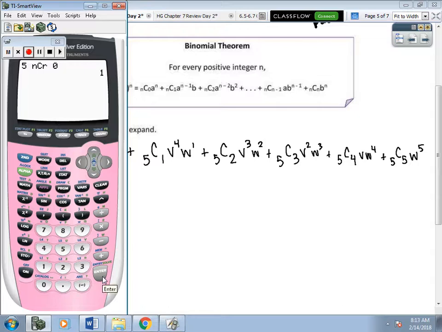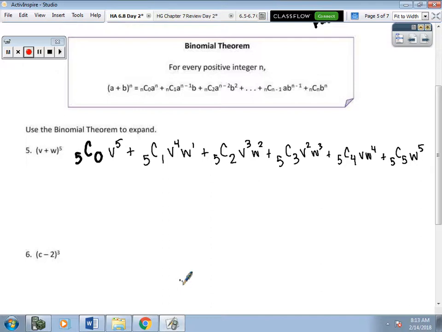We will get 1, 5, 10, and then we know it'll go 5, 1. So again, Pascal's triangle, the same as row 5.